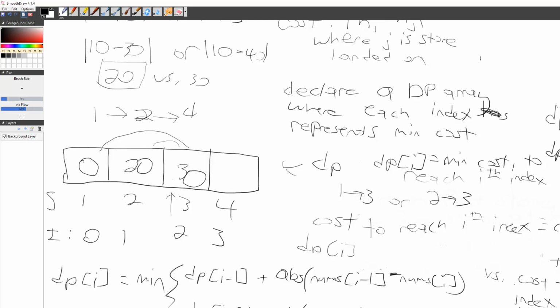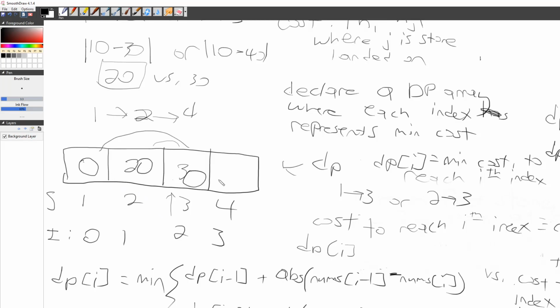I mean, no, I'm sorry, it's 3. It's 3. Yeah, because look, just follow the formula here. dp of I is 3, index 3, 0, 1, 2, 3. Okay, this is right. I was just being a little stupid just now.